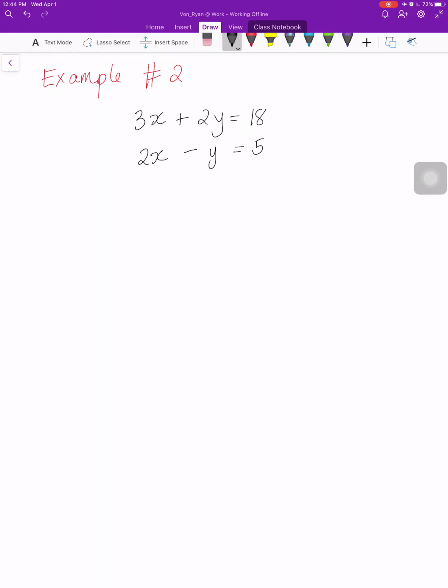So what we're going to do is to balance it first. So we add another step. Balance a coefficient. Now what does that mean?